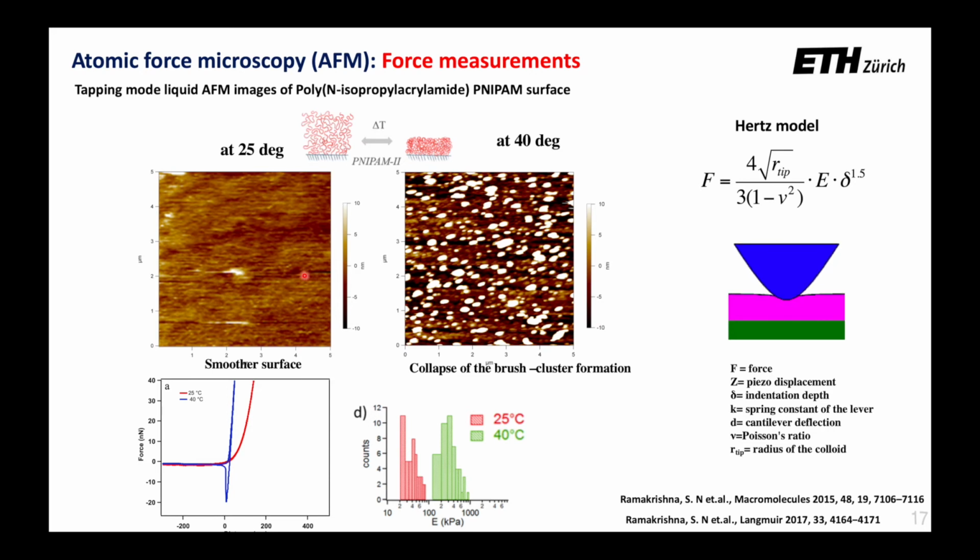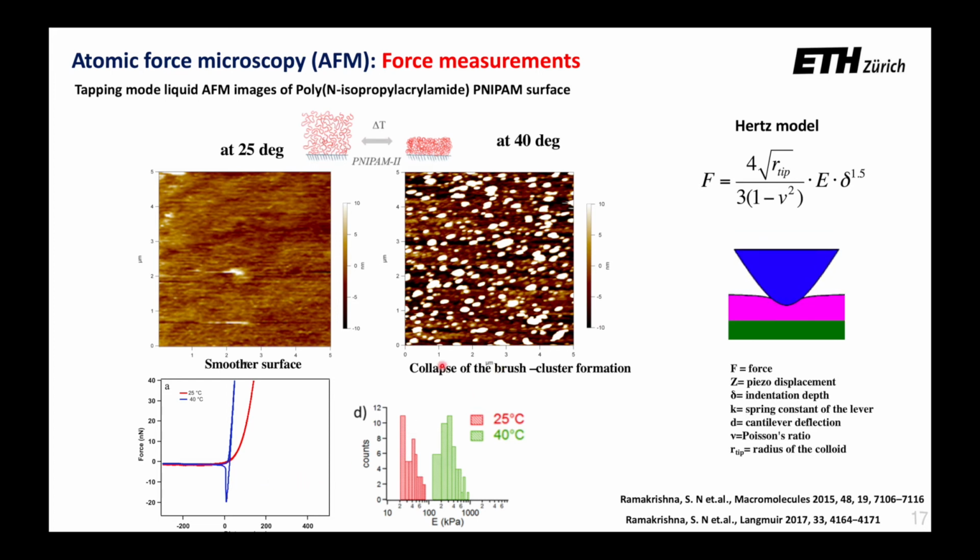So you can see in the topography that at 40 degrees they actually dehydrate, the water comes out from these chains, and then they form a kind of cluster on the surface. If you look at the force versus distance curve, at 25 degrees it shows highly repulsive interaction, so there is no adhesion because the chains are stretched from the surface. However, at 40 degrees you can see the adhesion because it's dehydrated.